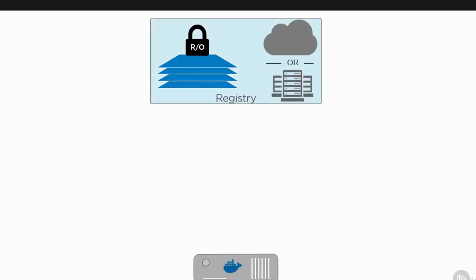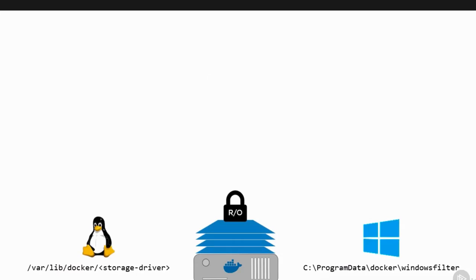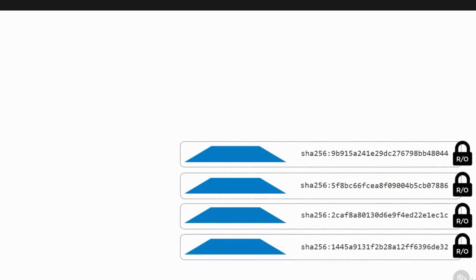These can be in the cloud or on-prem, and even when we pull an image to our hosts, it still lives in a local registry of sorts. Now we recently got a content addressable storage model. This lets us run a cryptographic algorithm over the contents of a layer and use the resulting hash as the layer's ID, which is great, right? Because it makes the image and its layers immutable.